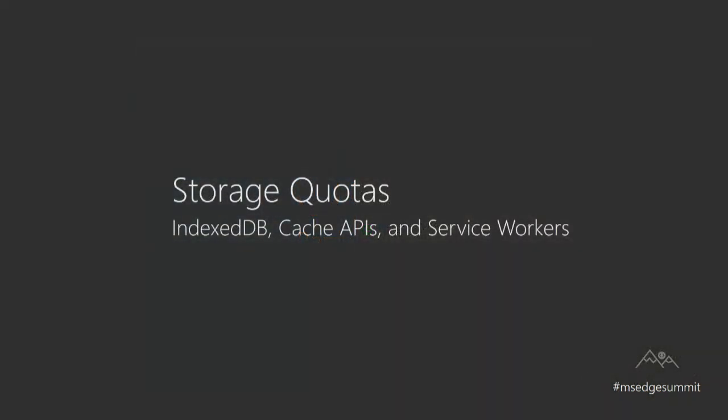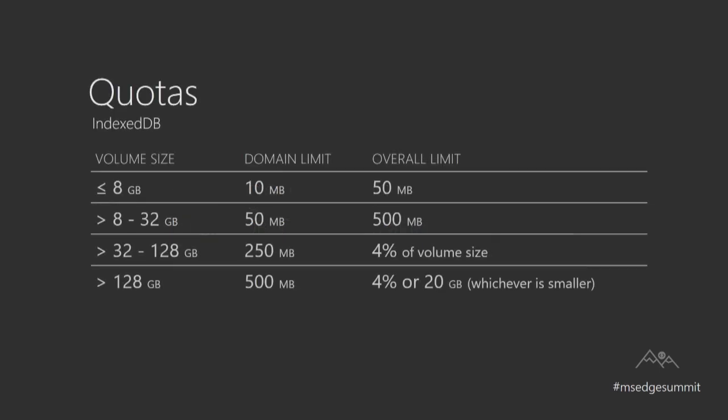A quick note on storage quotas. So today, with IndexedDB, you may be aware of our matrix of the different volume sizes and what storage you're afforded based on the domain limit and also the overall limit. So we've decided that we want to simplify this, make it more in line with what Chrome and Firefox are doing. So we're taking that domain limit and we're making it simpler. We're just saying 20% of the overall.